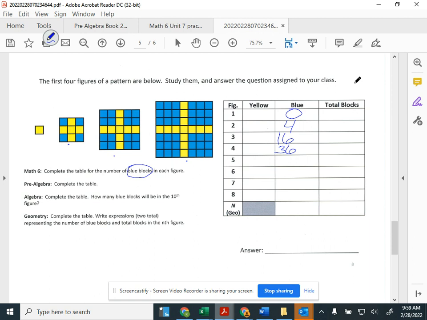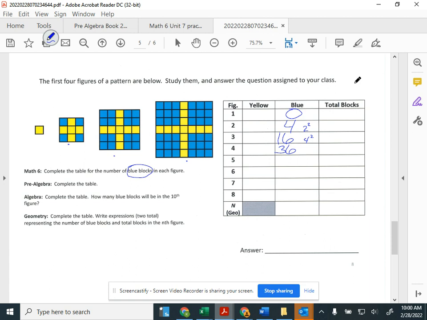So how do I get to 4? 4 is a perfect square of what? What number do I multiply by itself? 2 squared. 16 is the perfect square of what? 4. 4 times 4 gives me 16.